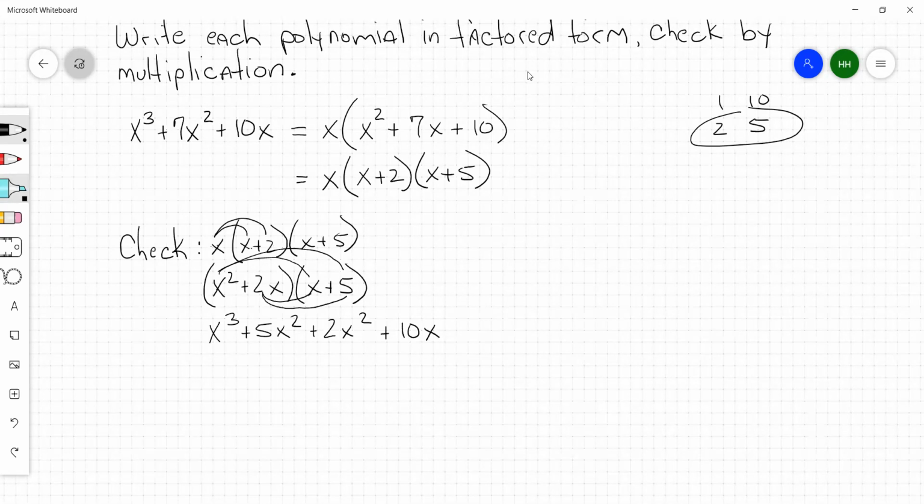And now you can combine your like terms here in the middle, your x squareds. And what you're left with is x to the third plus 7x squared plus 10x. All right, since that is the same as what you started with, you factored correctly.